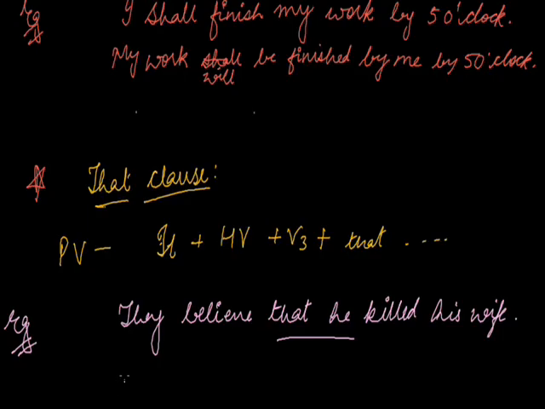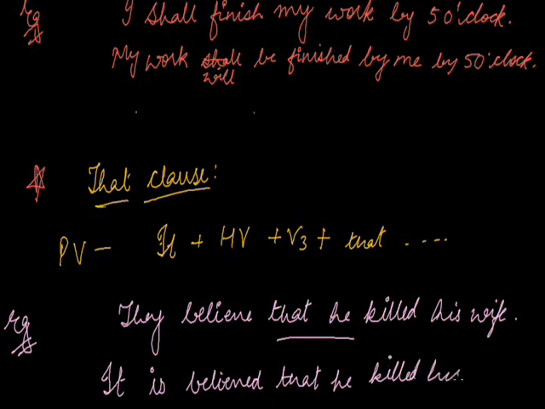You need to write first it, then your helping verb, as per the tense of the active voice. In this case it will be is, then your third form of the verb, so it is believed, then your whole that clause comes as it is, so we write that he killed his wife. It is believed that he killed his wife.